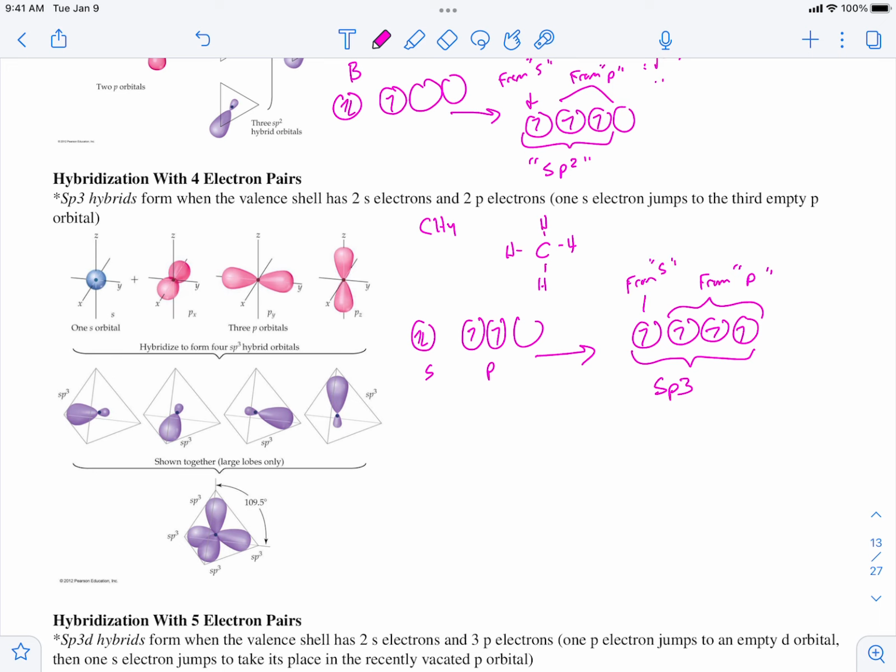And now that it has 4 half-filled orbitals, it's going to form 4 bonds and result in the tetrahedral shape that we expect right here from this guy. Individually, the hybrid orbitals look like this, and because they're all over a common origin, the resulting shape is the tetrahedron.